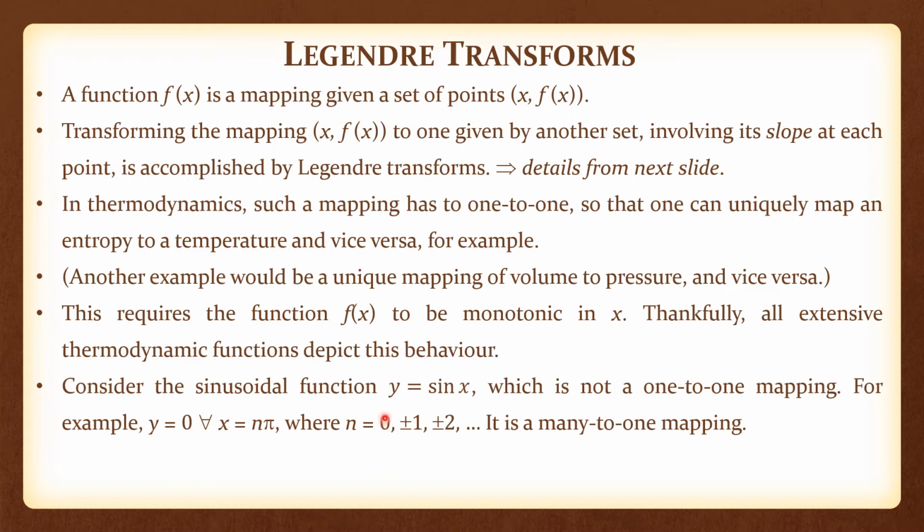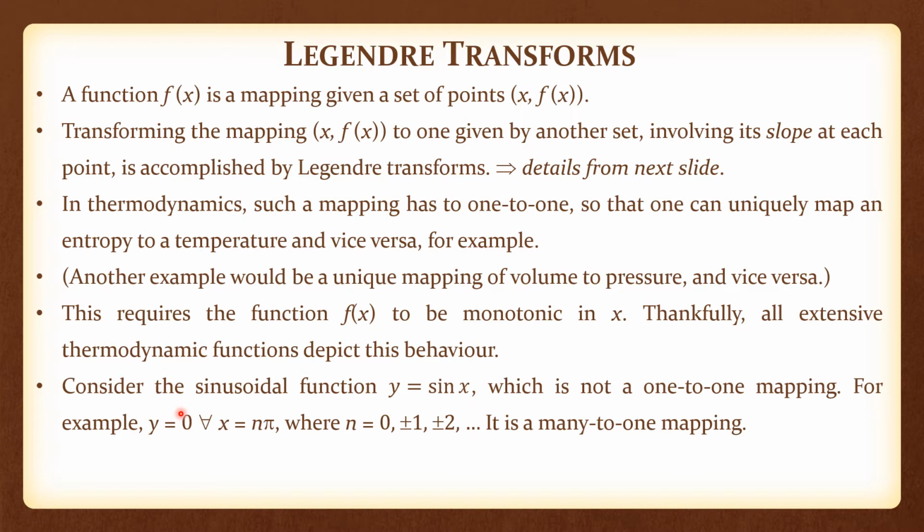You will get f of x equal to 0 for all n pi's, where n is an integer, 0, plus or minus 1, plus or minus 2, and so on. So this is a many-to-one mapping. Many values of x result in one value of y. This is a contrary example of many-to-one mapping.